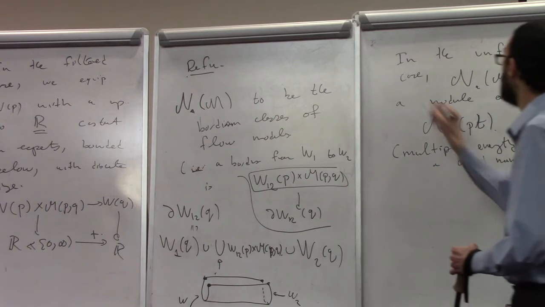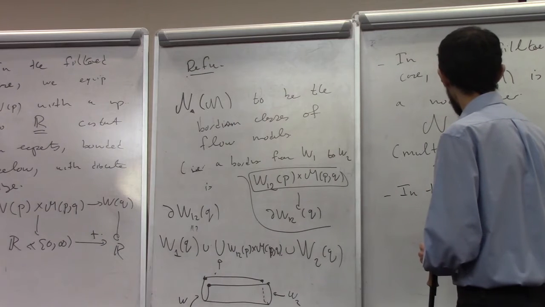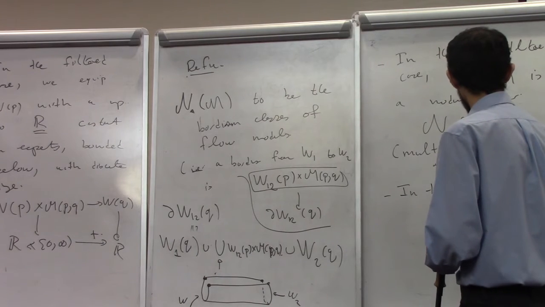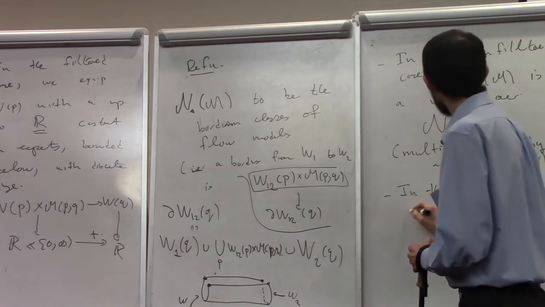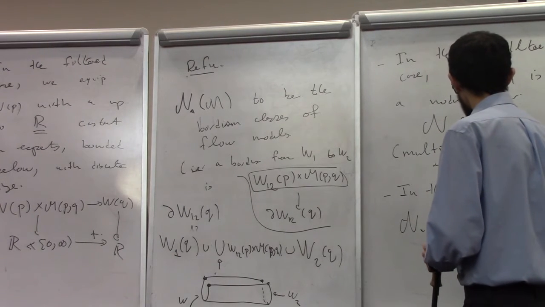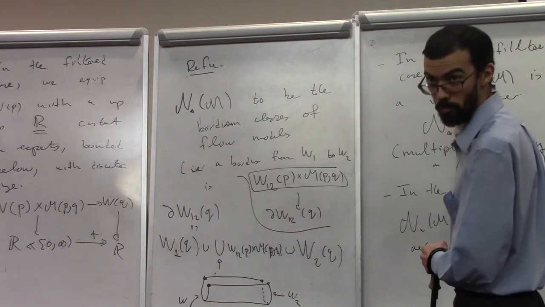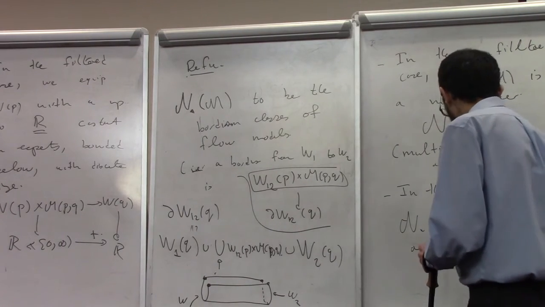The way I have set it up, if you instead look at the filtered case, everything is still a module over this, but you have a little bit more room.